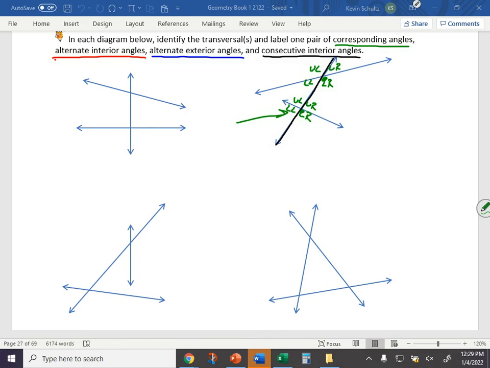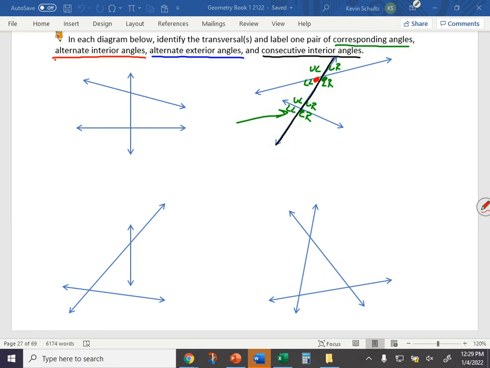Okay, let's try another one. Let's do alternate interior angles. If I identify this angle or mark that angle, which is in the lower left, it's inside of our lines here. Which angle on my bottom vertex is going to be an alternate interior angle with that one? Peter? Upper left.